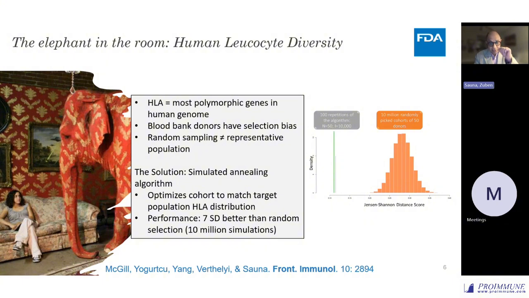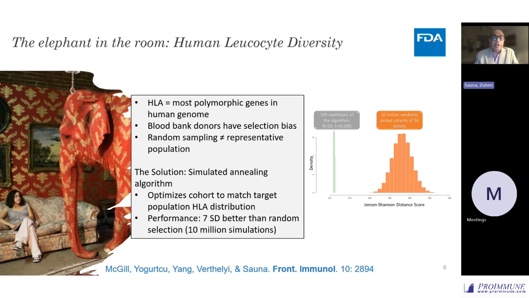So for example, a Japanese population may not have the same distribution of HLA alleles as a US population or a North American population or a population from sub-Saharan Africa and so on and so forth.